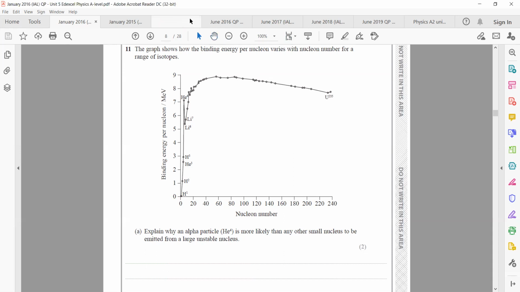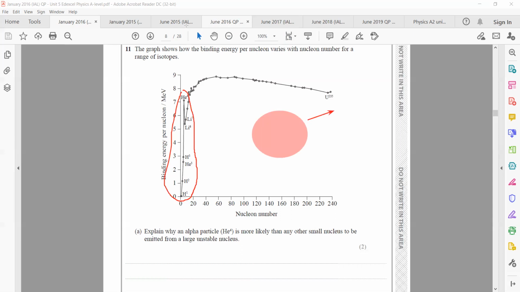So when you compare, these are the lighter particles, hydrogen, helium, and a helium isotope, and they have binding energy. So the question is, when a radioactive nucleus is unstable, it tends to emit alpha, beta and gamma.